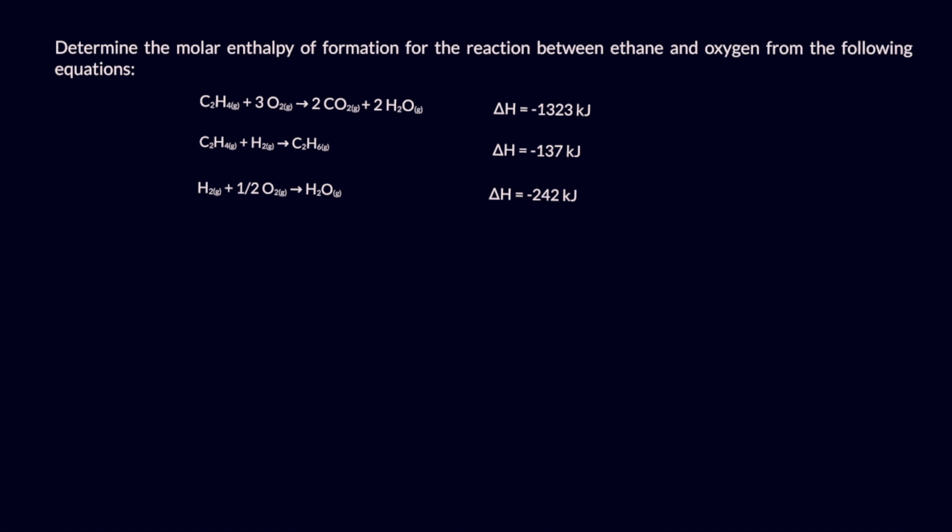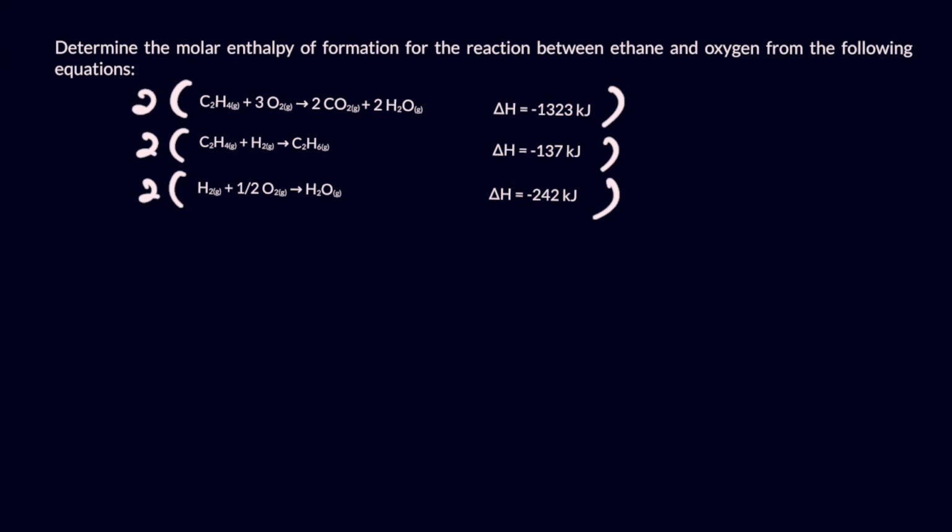So basically your target equation is just 1 mole of the reaction between ethane and oxygen. Alright, so the easiest way to answer this question is, for all the equations, you need to times 2. So all of these we need to times 2.